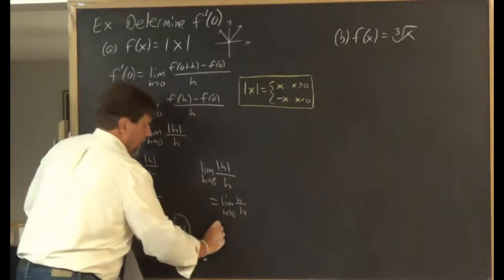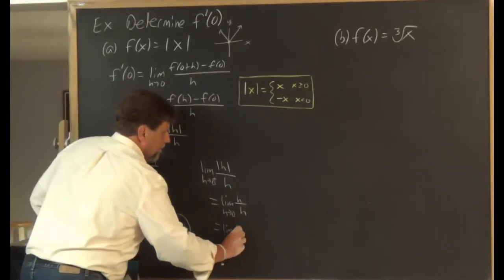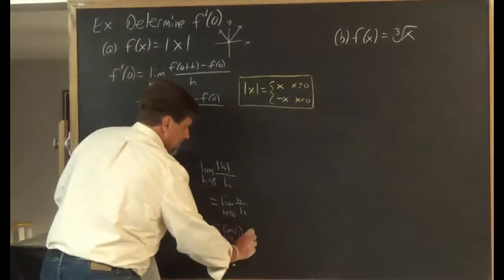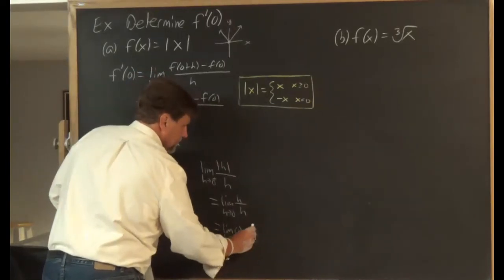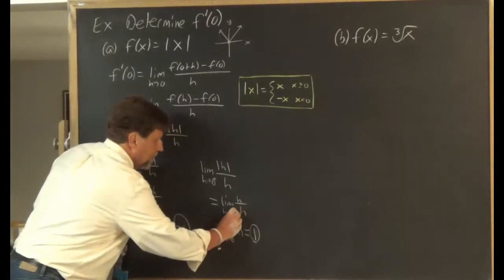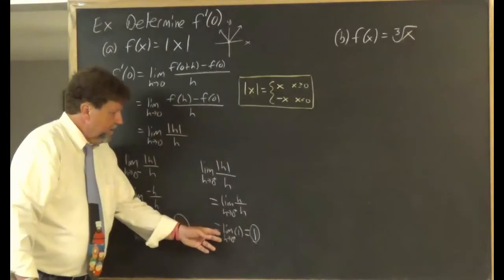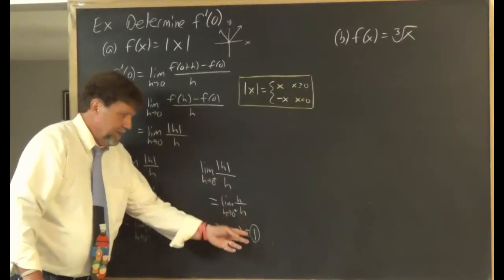We know h over h is 1. The limit as h approaches 0 of 1, well, the limit of a constant is that constant. I'm sorry, I left off the plus signs here, telling you from the right. So the limit as h approaches 0 from the right is 1.